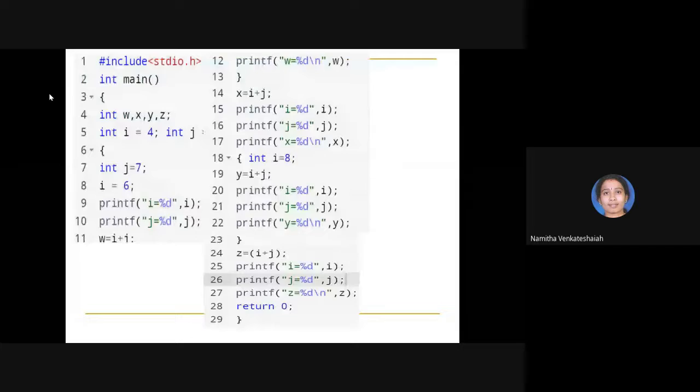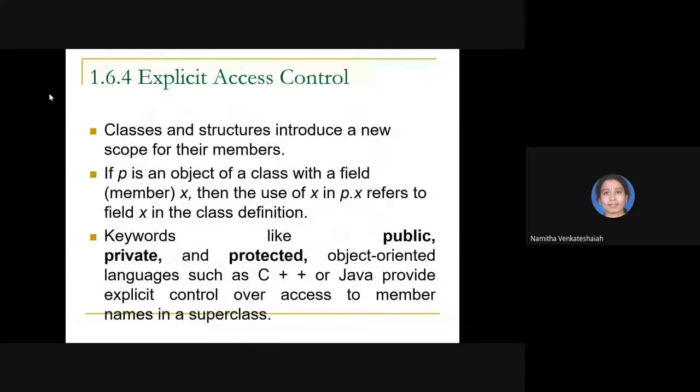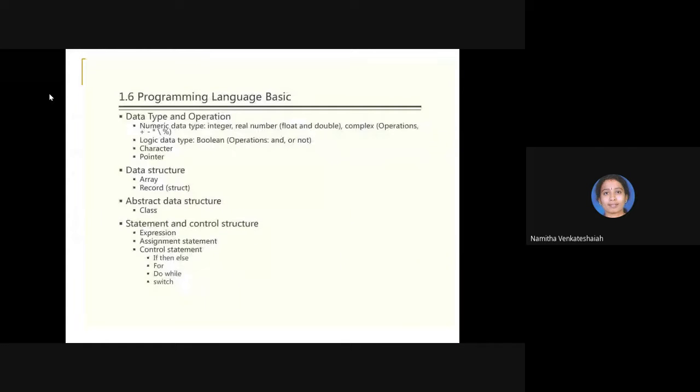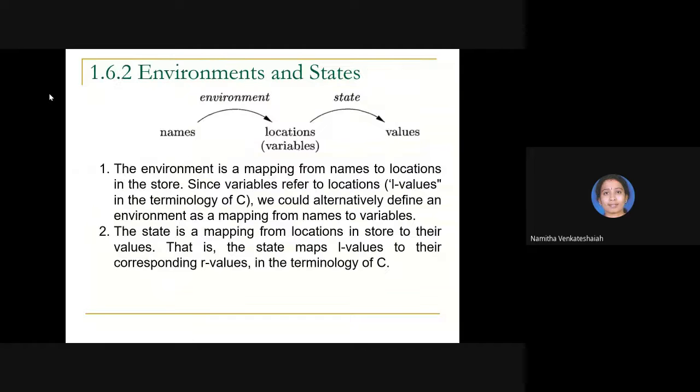So in the last class, we discussed programming language basics. We discussed the static and dynamic distinction, how exactly environments and states get mapped, that is, the mapping between names and locations and values.